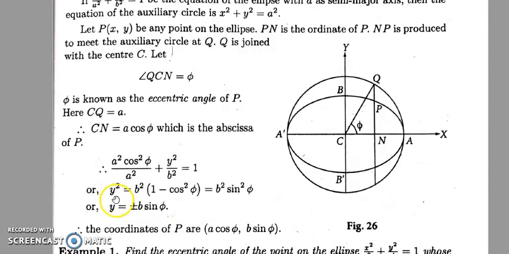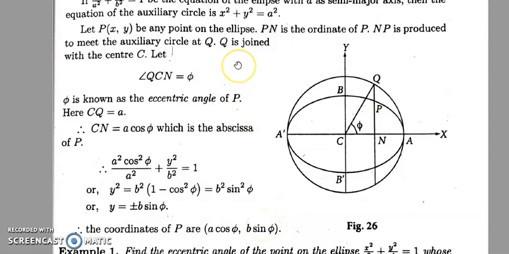So therefore y will be equal to plus or minus b sin phi. So here this is above the x-axis, so y value will be positive here. So therefore the coordinates of P are going to be equal to A cos phi and B sin phi.